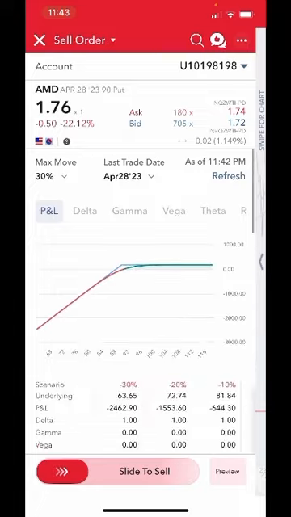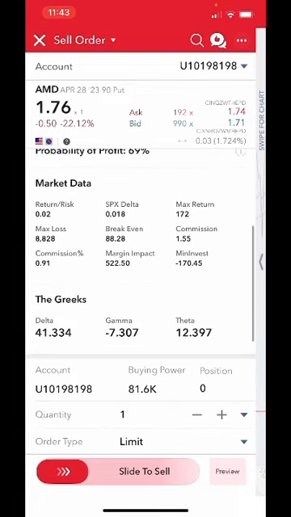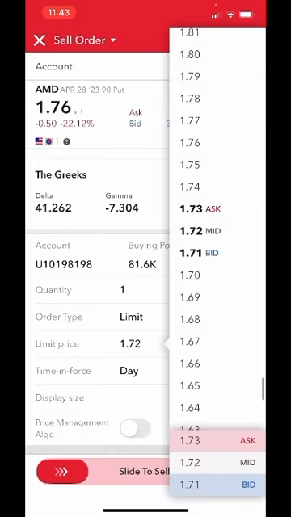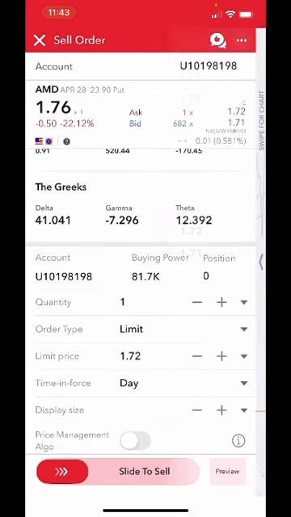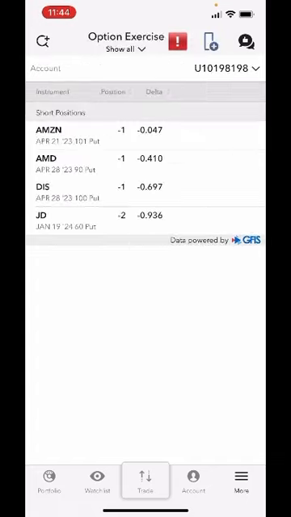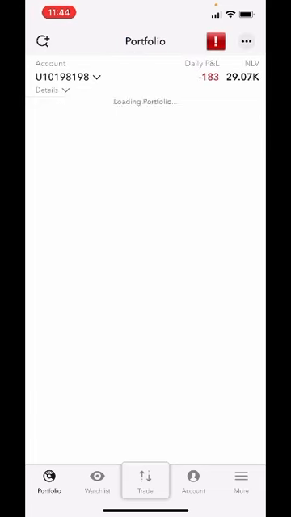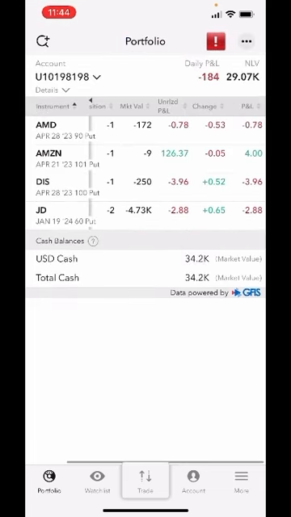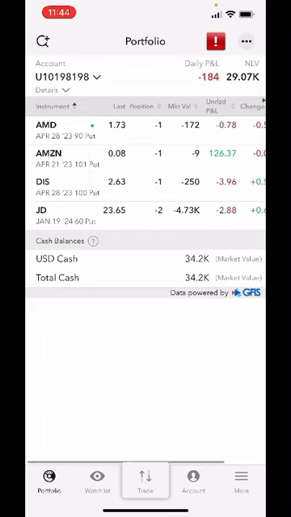For AMD, I see that the valuation is at least going to be above $120, $130. Alright, filled at $1.72. Okay, so these are our positions. So now you can see our cash balance total is 34,002K.